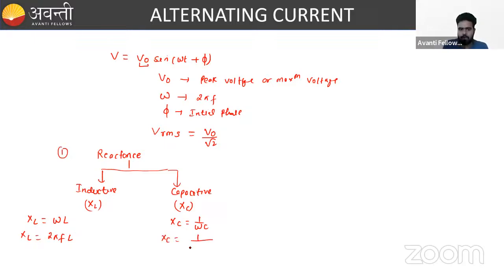So if we put the value of omega, XL is 2 pi fL and XC is 1 upon 2 pi fC.